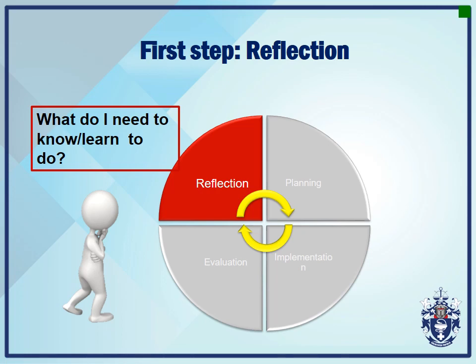On page 29, which details out exactly what the mark breakdown is, and also on page 25, which describes what each process is. So I'm reiterating, reflection is, what do I need to know? And what do I need to be able to do?